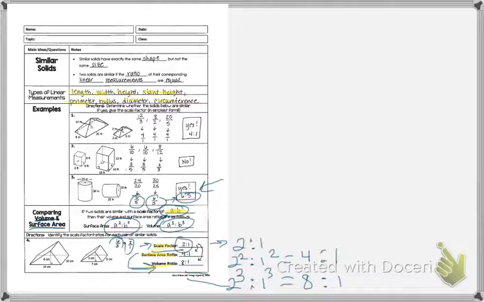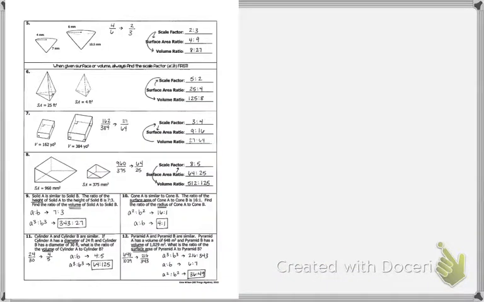Let's go to the next. Number 5, again, we are already telling you that these two are similar, so you just have to get the scale factor. So in this case, they chose 4 over 6, which was easy. I mean, you can do 4 over 6, or you can do 7 over 10.5.